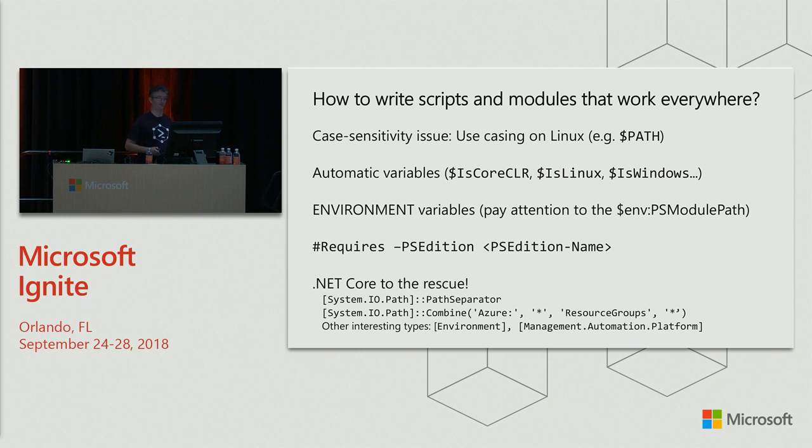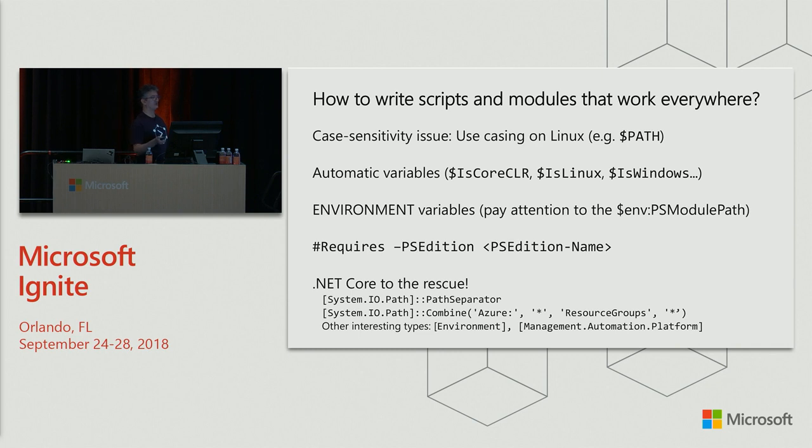They use them a lot. Environment variables. Do you know why I put the word environment in all capitals? Because on Linux, that's kind of a standard. So pay attention to PSModulePath. That one is not all capitalized. It's actually like this on screen on both Linux and Mac.